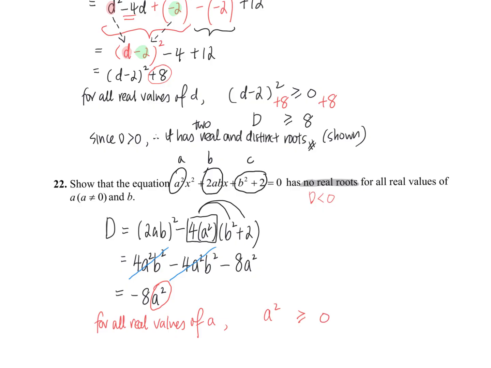But if you look at the question carefully, it says A cannot be 0. So the only thing you drop is the equal sign. So this one, be careful. Drop the equal sign. Usually we have bracket square is greater or equal to 0, but because they said this, there's no equal sign here. Just take note of this, it's important.